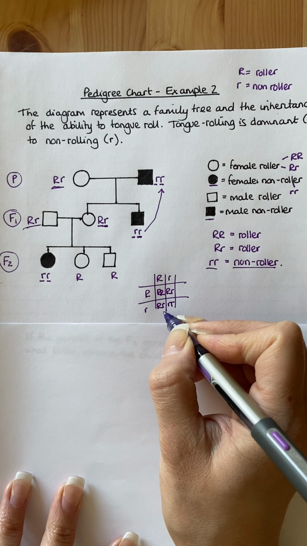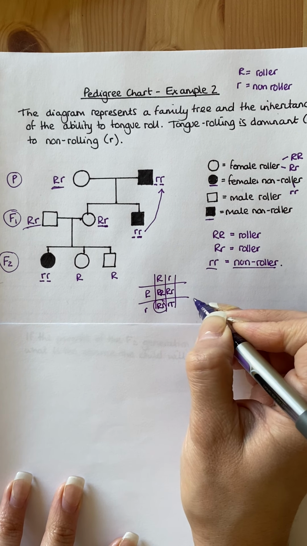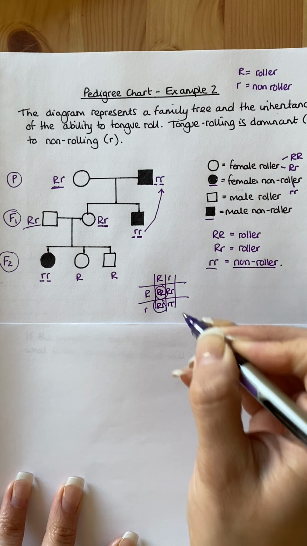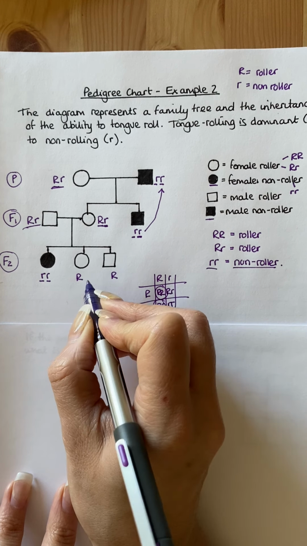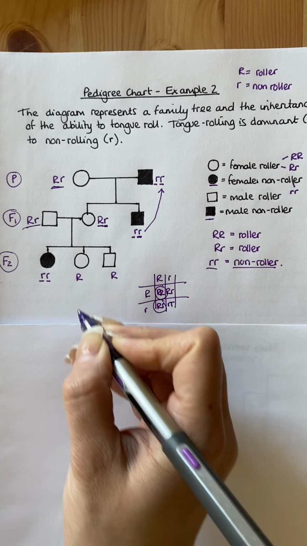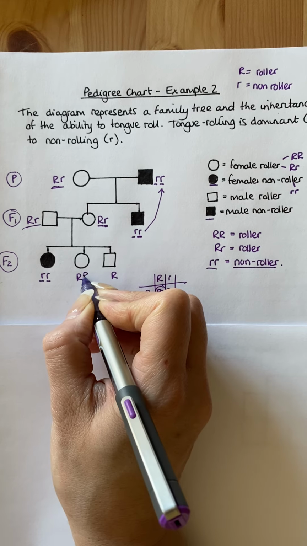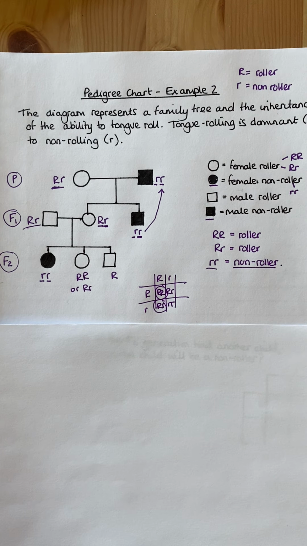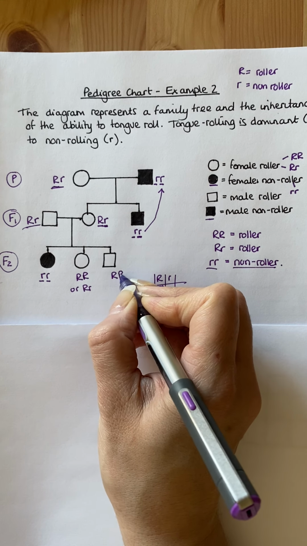So any person that is a roller can either be capital R, small r, or two capital R's. We don't know which it is because we don't have any other parent or any other children to tell. They don't have children to be able to base that on. So it could be this, or it could be that. Same for this one.